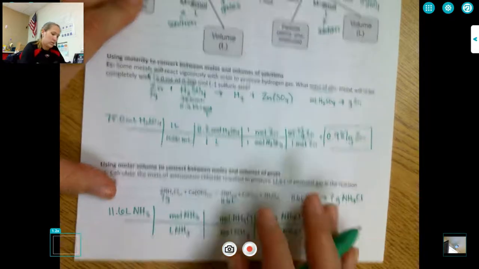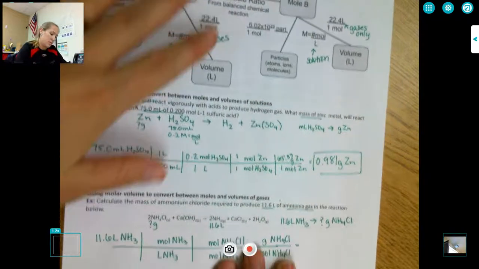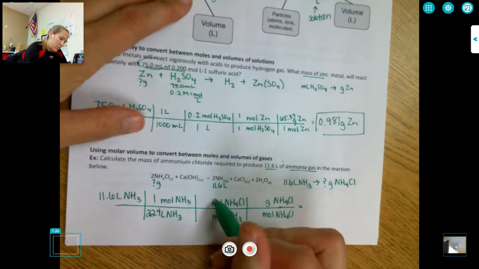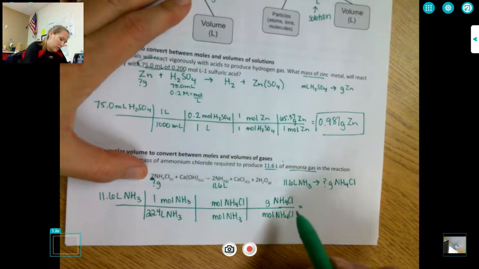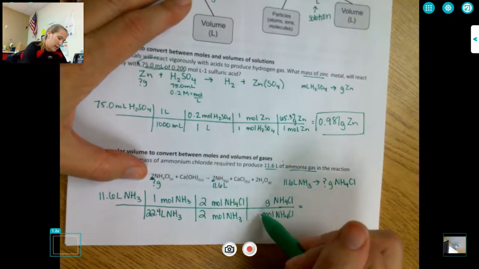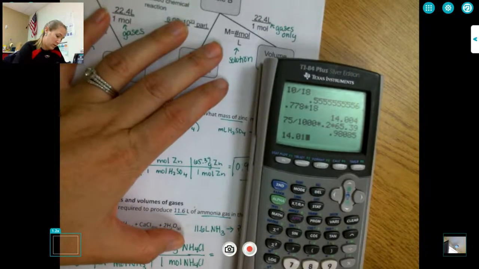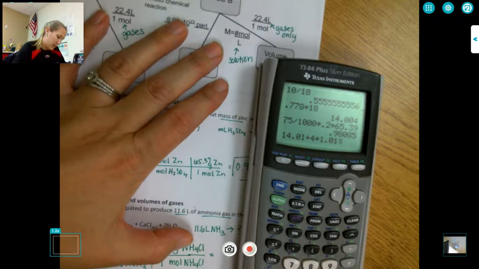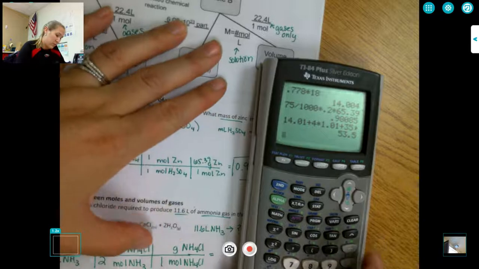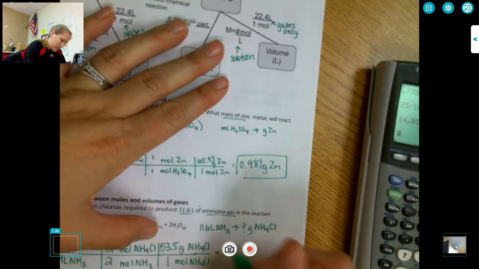So here is liters to moles: 22.4 liters per 1 mole. Mole to mole is my ratio. I have a 2 in front of ammonium chloride and a 2 in front of ammonia. Nitrogen's 14.01, 4 times 1.01 for my hydrogens, plus chlorine is 35.45, so I get 53.5 grams.